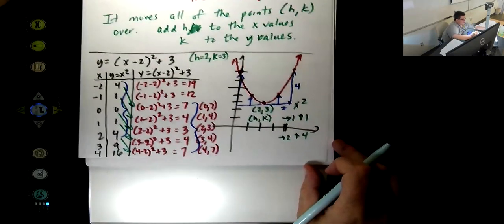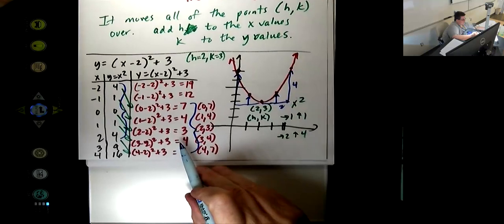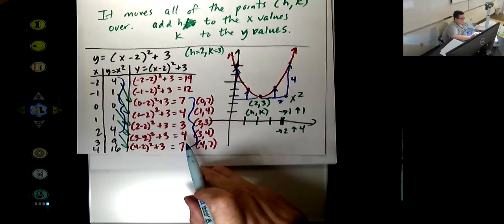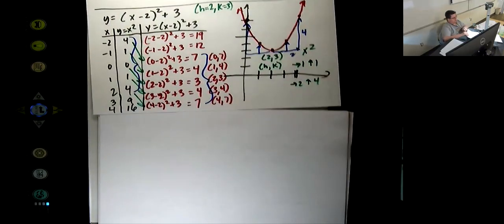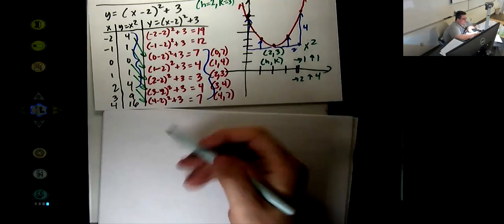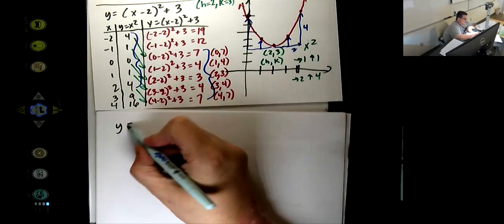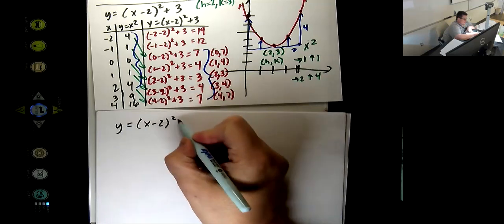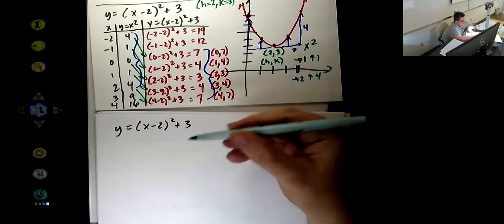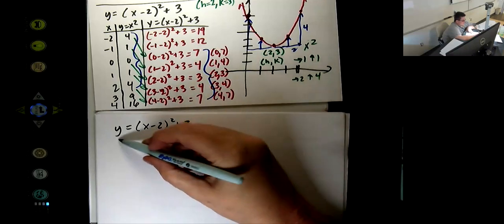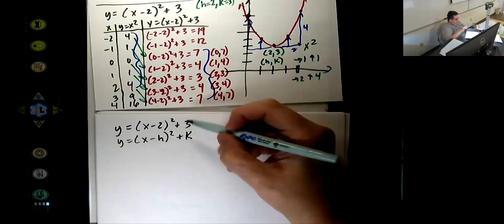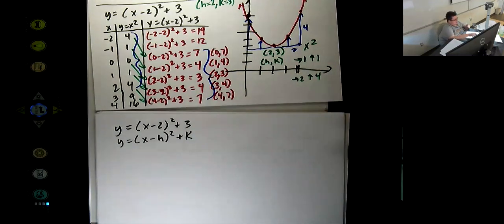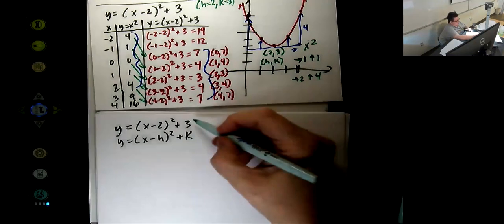So rather than doing this painful table, I think we can all agree that was a pain. The better way of graphing this, you gotta do it the hard way first, and then you appreciate the other way. We identify what H is and K is. If it helps, write a x minus H squared plus K. That way you can match up what's going on.